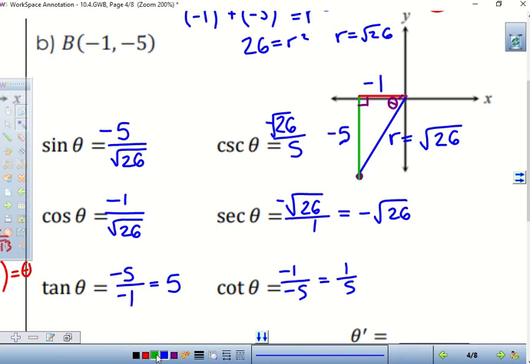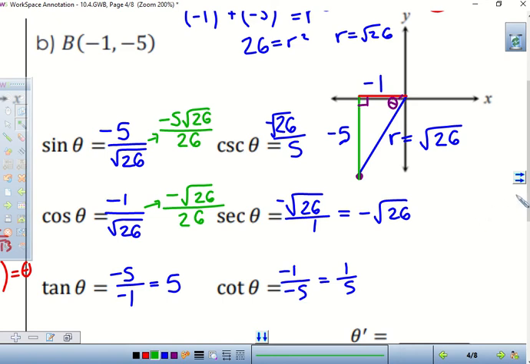Now that we've done all that, we're going to go back and rationalize what had not been rationalized. So I just rationalized, okay? That's all. So I end up with these values.